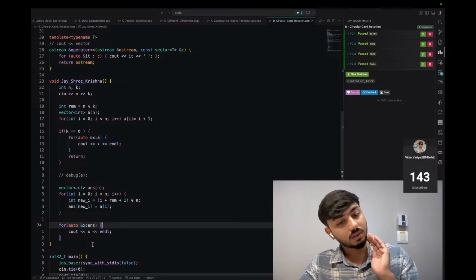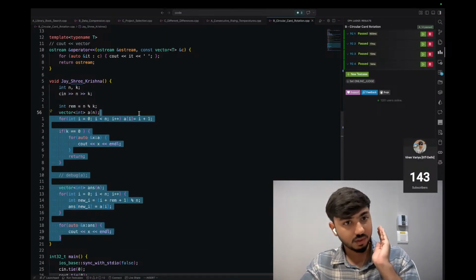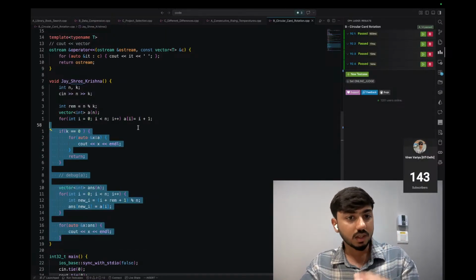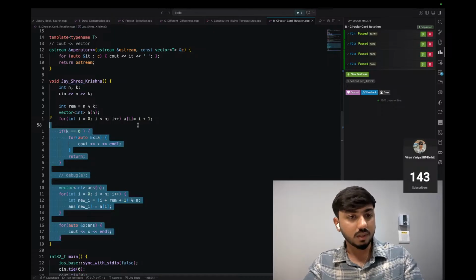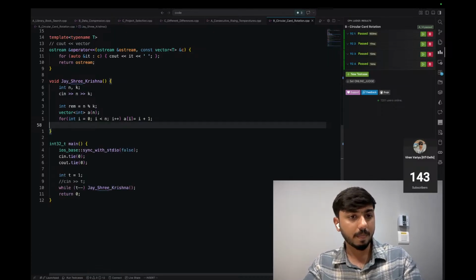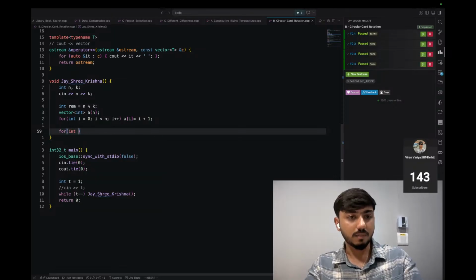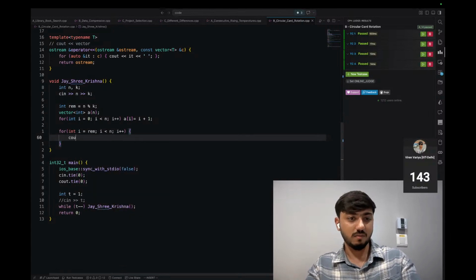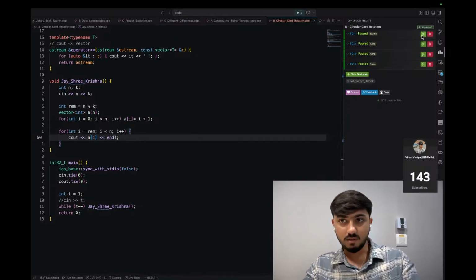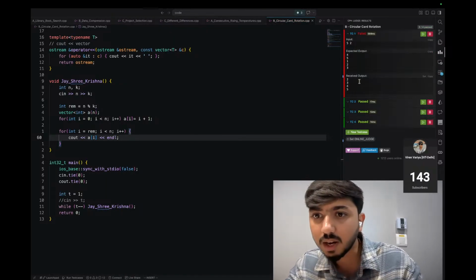So there's an easy solution. We'll not go with this complex logic. What we can do is start printing from the remainder. You just need to be calm, and you will get your required solution. Wait, I will show you what I am trying to do.